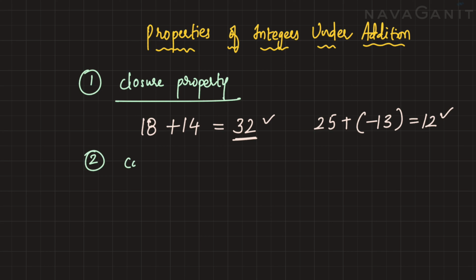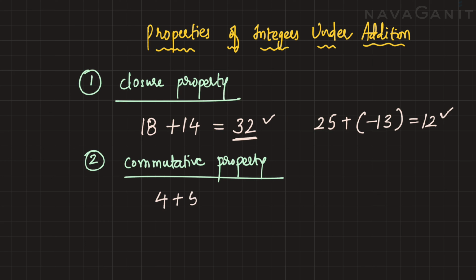Second, we have the commutative property. So what do you mean by commutative property? The order in which two integers are added will not affect the sum. So if we add 4 and 5, whether it is 4 plus 5 or 5 plus 4, they will yield the same result, which would be 9.